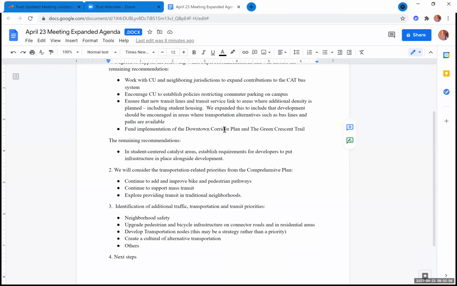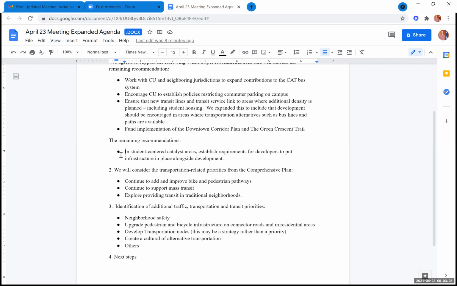The 5th and final thing from the white paper, the recommendation is in the student center catalyst areas, establish requirements for developers to put infrastructure in place alongside development. In the white paper, there were, I don't know how many, 7 or 8 catalyst areas recommended. These would be areas throughout the city with overlays that have development moving in certain directions and not in others.